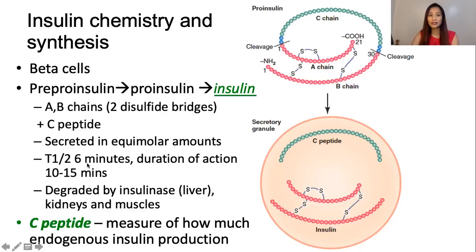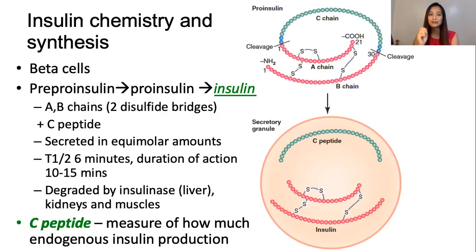If injected through IV, its duration of action is only 10 to 15 minutes, and it is rapidly degraded by the enzyme insulinase, which is found in the liver, and it is also excreted in the kidneys and degraded in the muscles. But C-peptide has a longer half-life than insulin, which enables us to measure it.